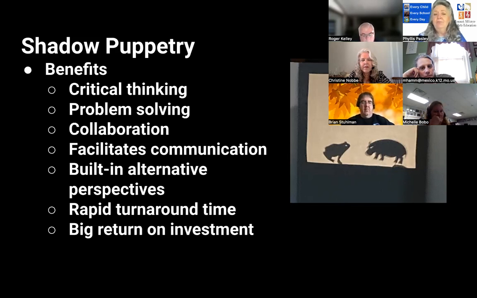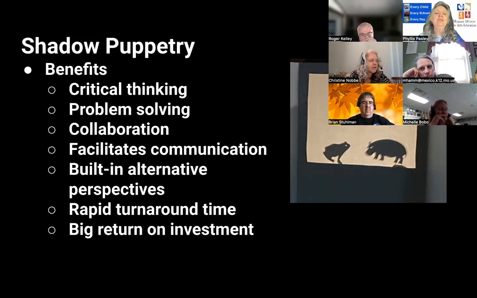It requires collaboration by its very nature, because somebody has to shine the flashlight. Somebody has to help make the decisions. And like other elements of theater that you might approach, you might think there are dealing with space, with costume, with script, with lots of elements that are just absent in shadow puppetry.